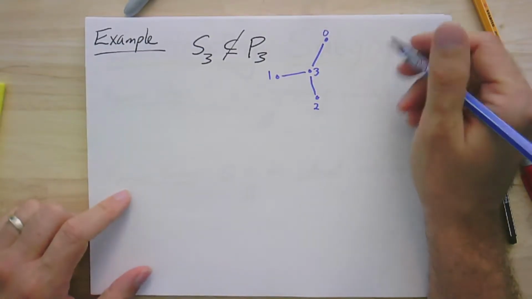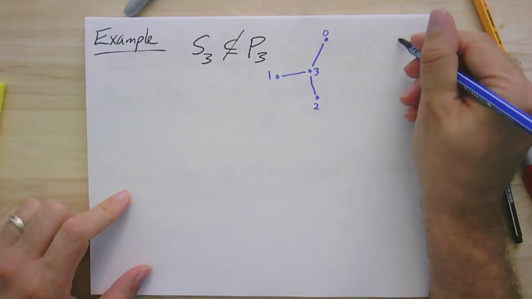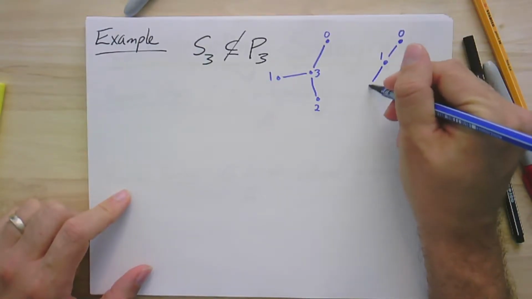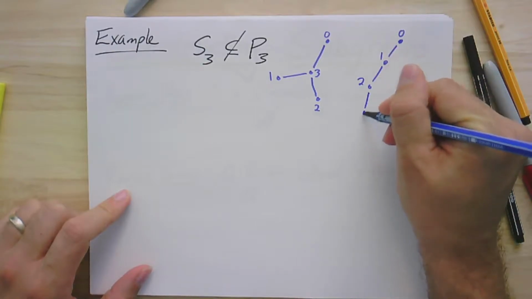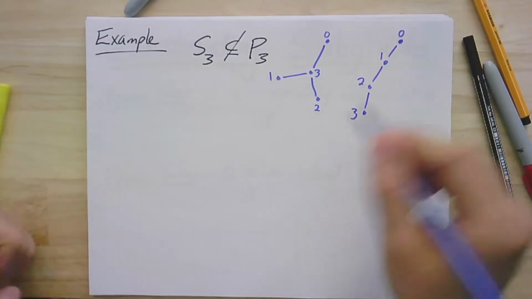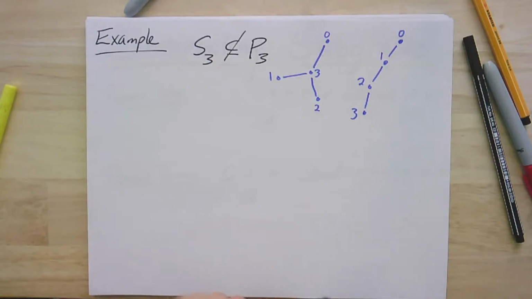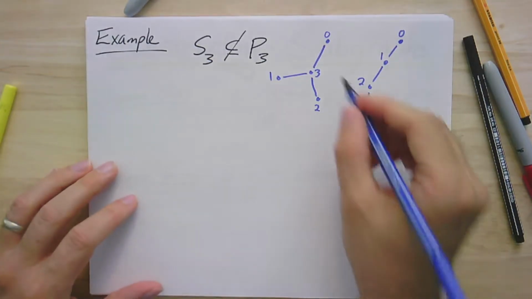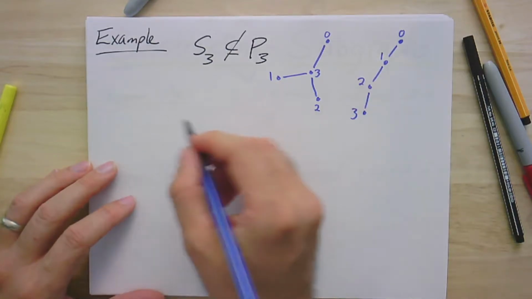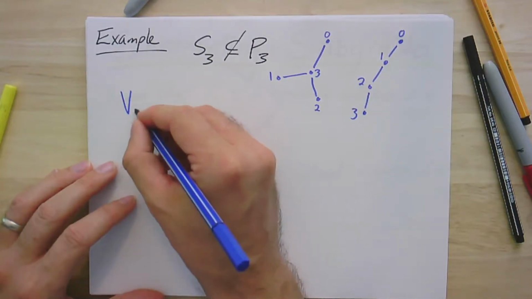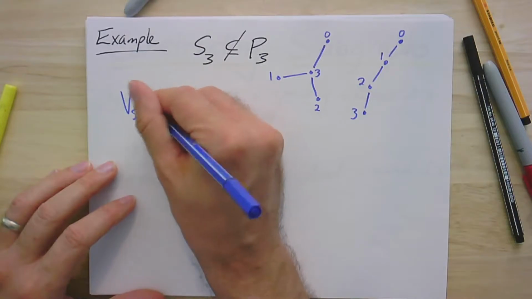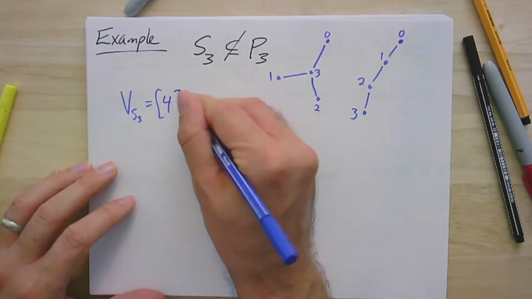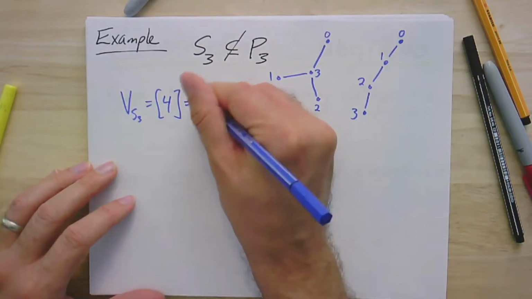And then we have another graph, P3, which also has vertices 0, 1, 2, 3. And it also has 3 edges. So we have 4 vertices, 3 edges, but they're not isomorphic because, well, the vertex set of S3, this is in fact the case that they have the same vertex set. In both cases, it's these 4 vertex sets.